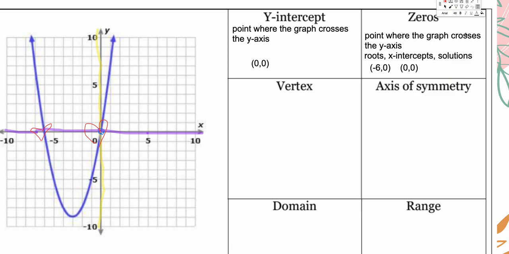All right, the vertex. The vertex is the highest or lowest point. I put points as a typo, but the highest is called the maximum when we're talking about the y value. The lowest point is called the minimum.